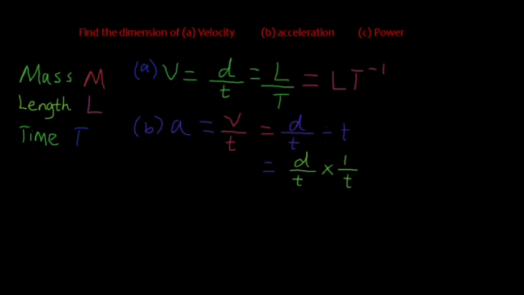Now let's put in the dimension symbols. The dimension for distance is what? Capital L. Dimension for time, capital T, times 1 over dimension for time again, we have capital T, and that will give us 1 over T times T, which will give us T squared.